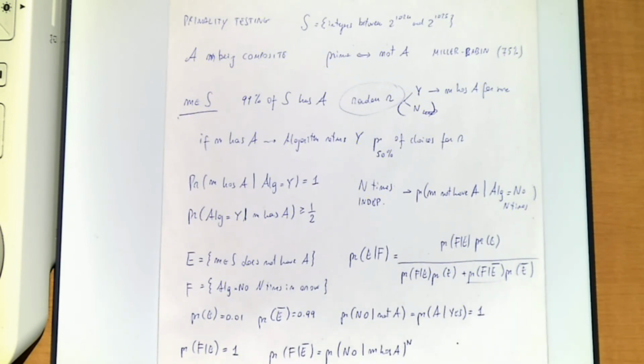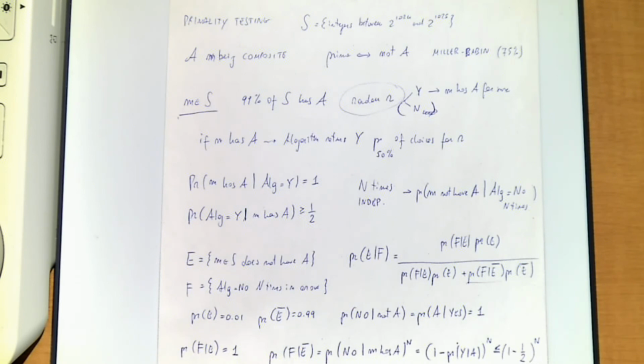Now this is easy to compute because it's to the power of n, 1 minus the probability of yes given A. And we know that this is basically 1 minus 1/2 to the n, if it is exactly 1/2, otherwise this is less or equal, if you say my probability is at least 50%.